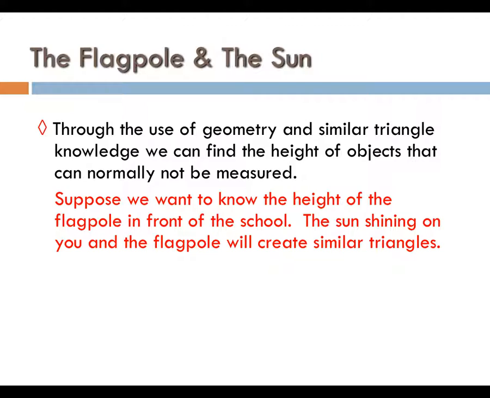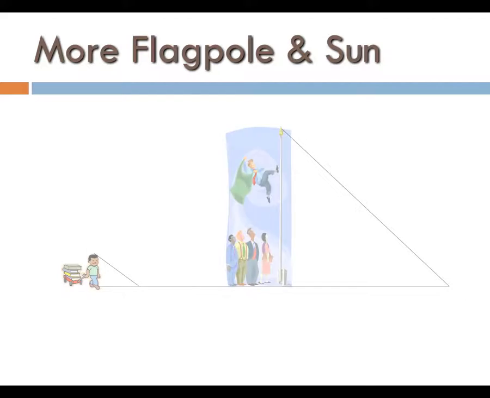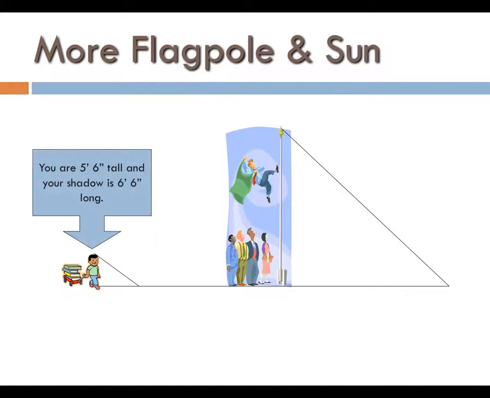We want to find the height of the flagpole. This flagpole. There's you. You've got your wagon full of math books, and you're out for a stroll. You are 5 foot 6 inches tall. By the way, I shouldn't have to say this, but I will just so no one screws up: 5 foot 6 inches is not 5.6 feet tall. But you all knew that, right? Good.